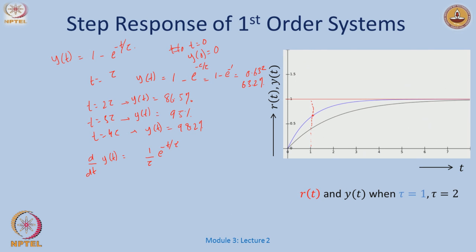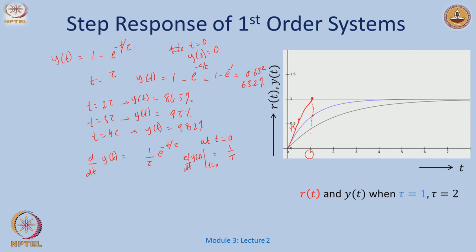Now at t equal to 0, d over dt of y of t is 1 over tau. So the initial speed is a slope of 1 over tau, and if I keep on going at the speed of 1 over tau, I will hit the final value exactly at t equal to tau, which is my time constant.